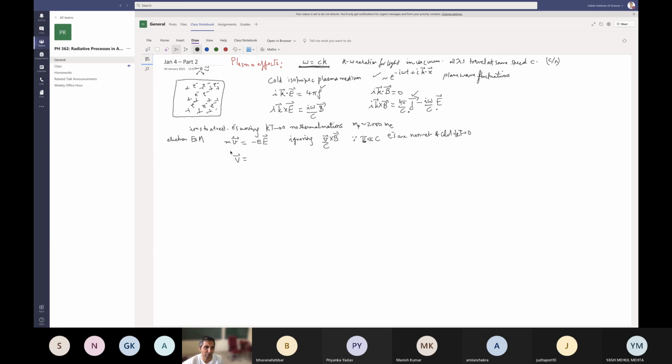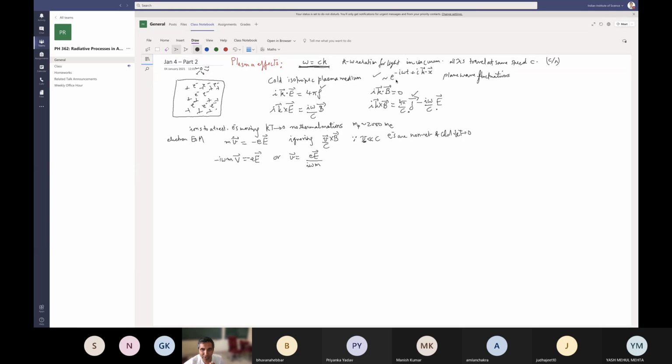This is minus I omega M V equals minus E E, or V is equal to E E by I omega M. This is the velocity of electrons.